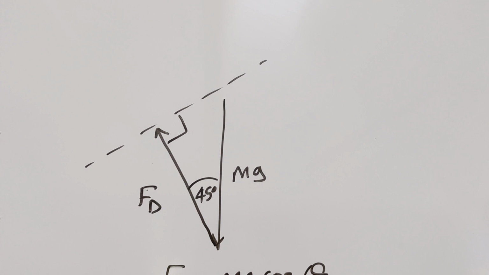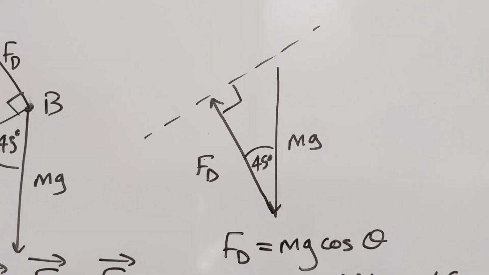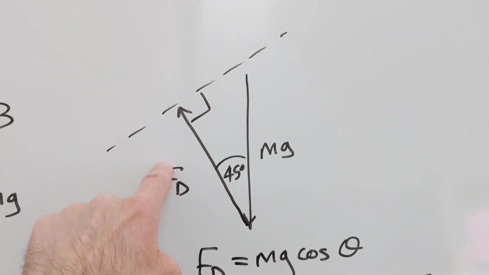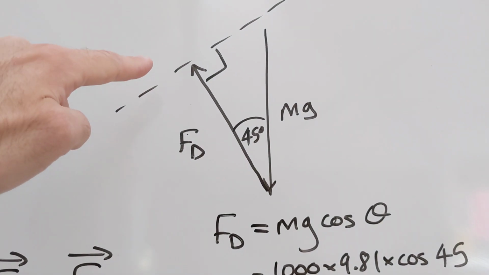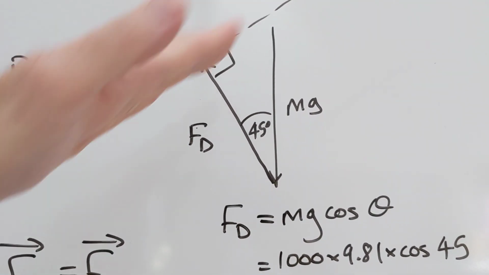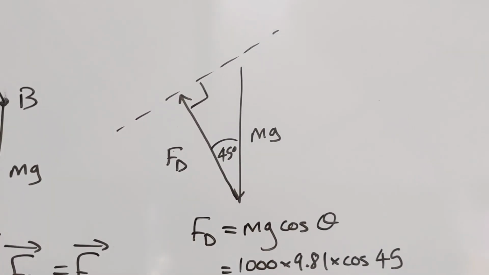So we can draw a diagram where we've got the weight and the driving force from the engine, and we know that this mg arrow must start and the F_D arrow must end along a line that produces a perpendicular to the F_D arrow. That must be the case.